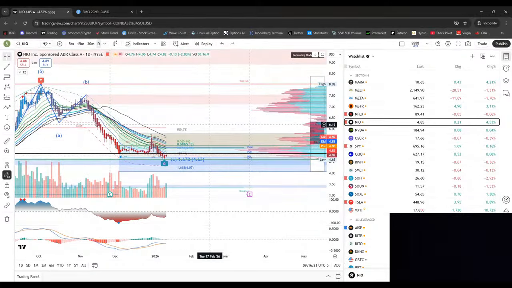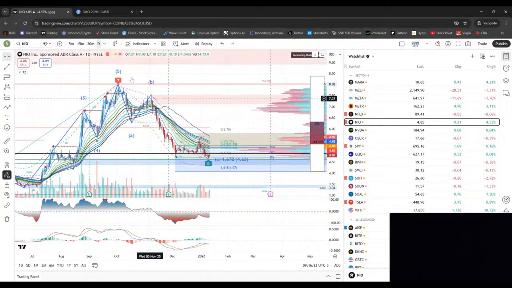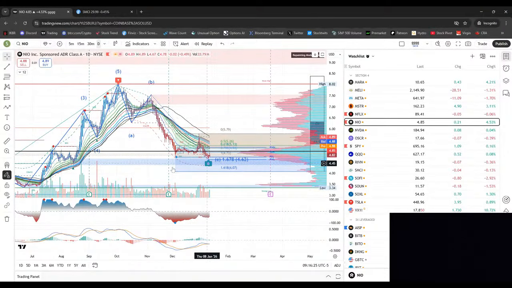Moving forward to NIO, 485, we have an ABC wave down right before the previous low, range bound right at this area. We have an exhaustion gap, and the price will go up. Where will the price go up? 752. If you are looking at 488 and you are looking at 472, that's 70 to 80% upside.